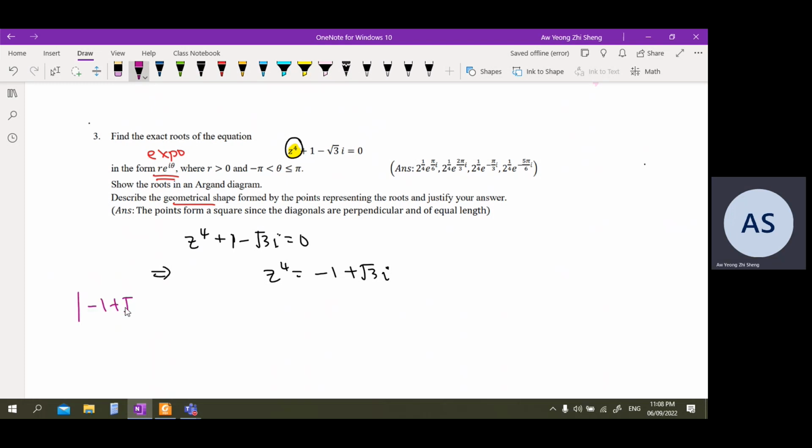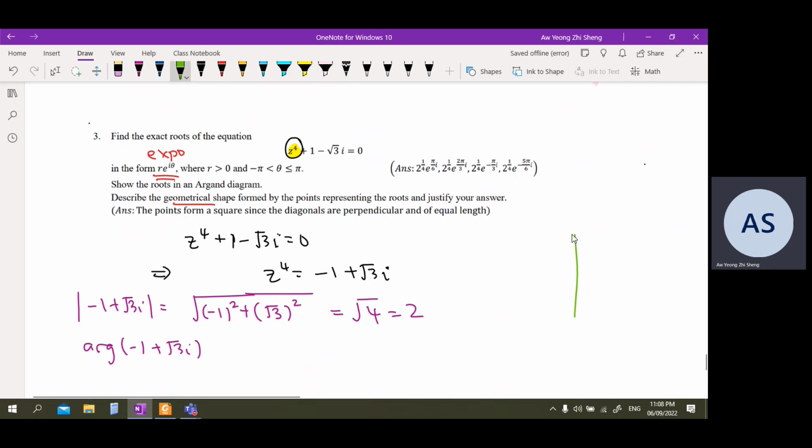Modulus of minus 1 plus root 3 i, that is the square root of minus 1 squared plus root 3 squared, that gives me root 4, which is 2. Argument of minus 1 plus root 3 i, you visualize the Argand diagram. Minus 1 plus root 3 i is a point in quadrant 2.